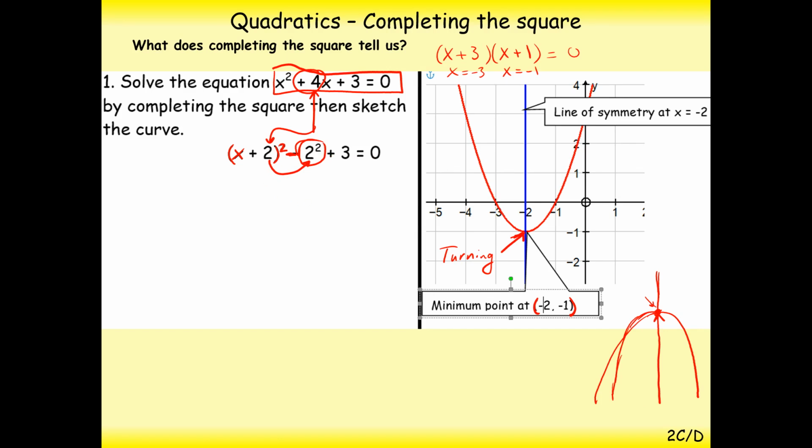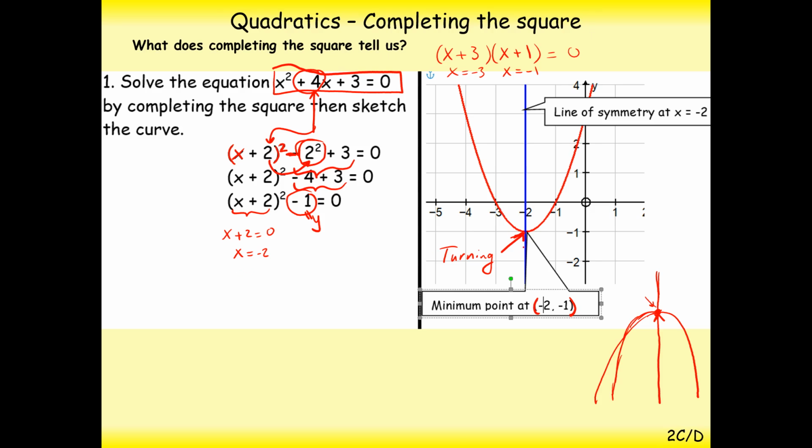But notice that after you combine this 3 with a -4, you end up with a -1. So this -1 is telling us that the turning point has a y value of -1. And this bracket here, when you set it equal to 0 and solve it, what you get is x equals -2.